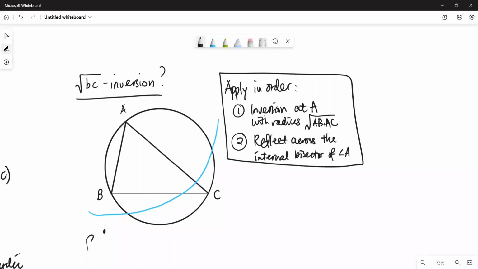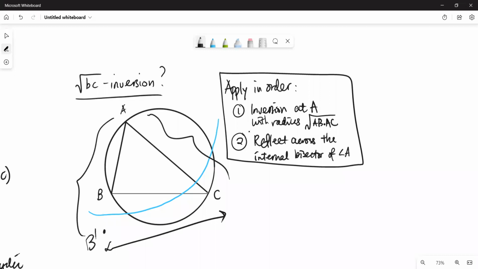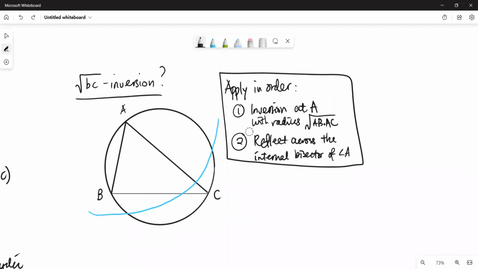Anyway, that means that after the inversion, these two lengths are the same, and then you swap, right? You reflect across the internal bisector of angle A, then B prime goes to C. And therefore C goes back to B. So I'll just let this transformation be called phi, because it looks fancy. So phi B is C, and phi C is B.